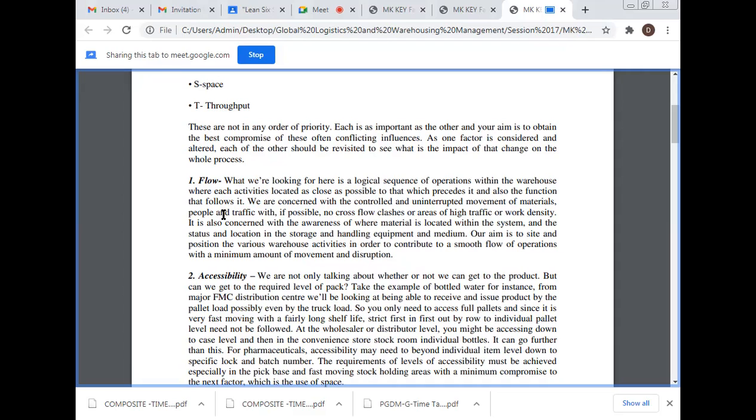How the flow of the material in the warehouse is to be decided is the key factor for designing warehouses. How the packets, how the bins, how the materials will be moved in the warehouse. Flow of the material is the main factor for deciding the design layout of the warehouses, the storage, and the distribution center.